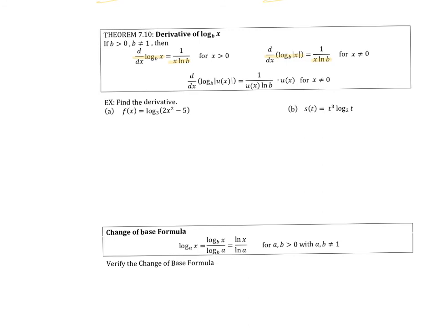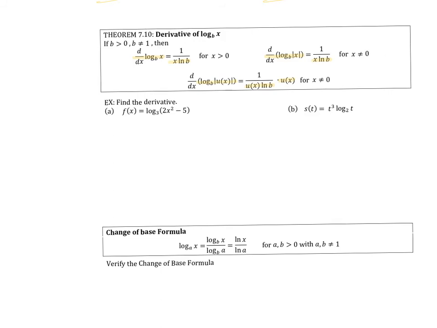Okay? So in general, if you take the derivative of any base, it's 1 over the argument times natural log of the base times the derivative of the argument.